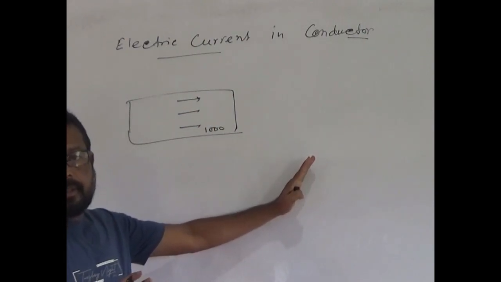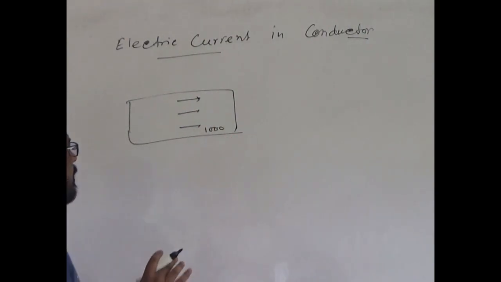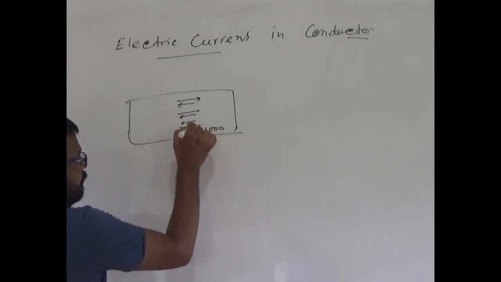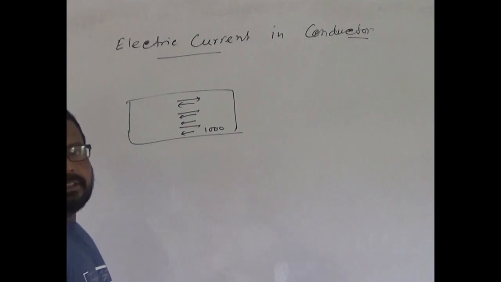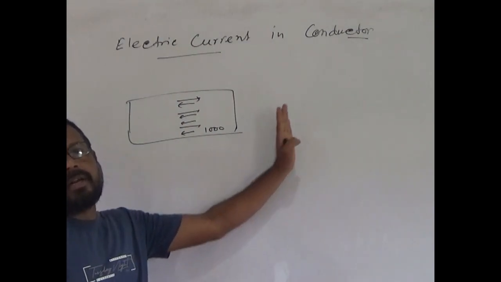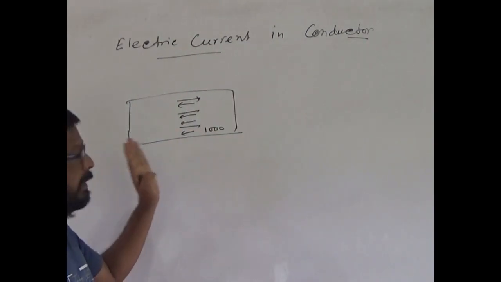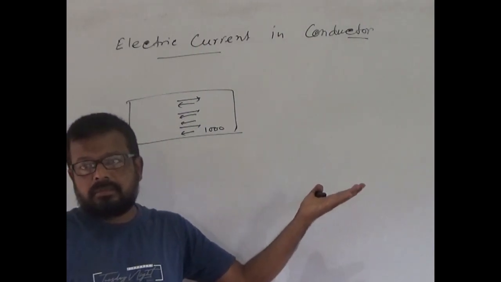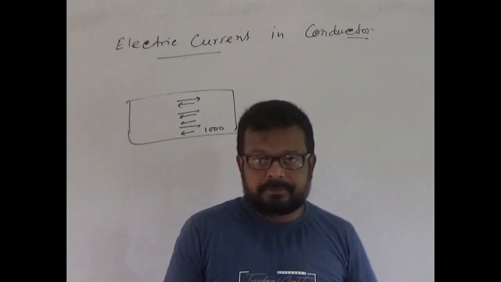But on an average, near about 1000 free electrons are traveling from right to left. That means on an average there is no net flow of electrons. That means there is no net current.